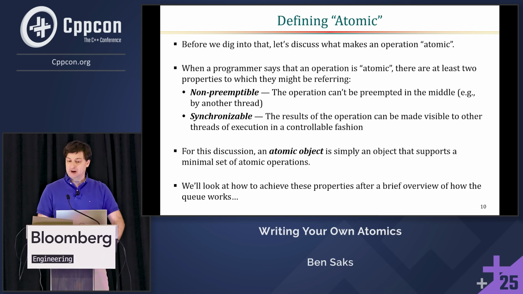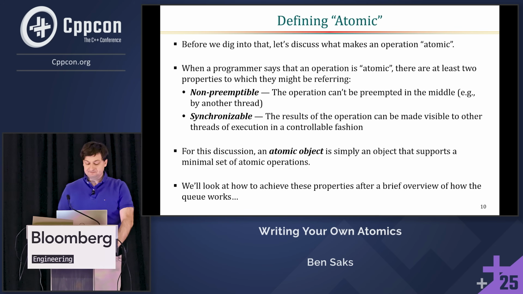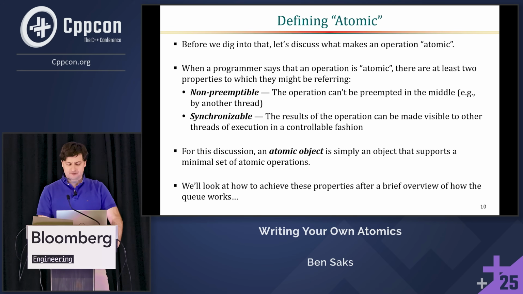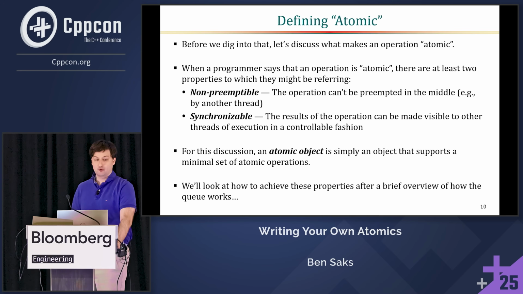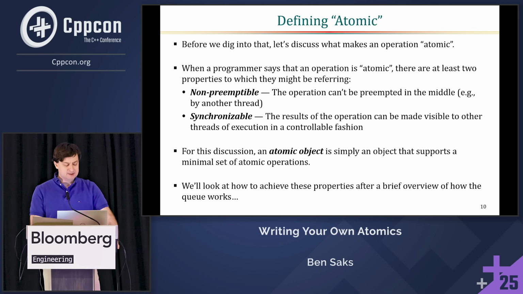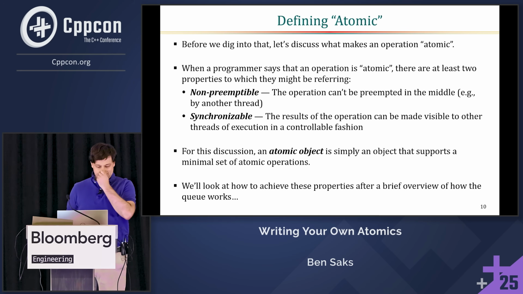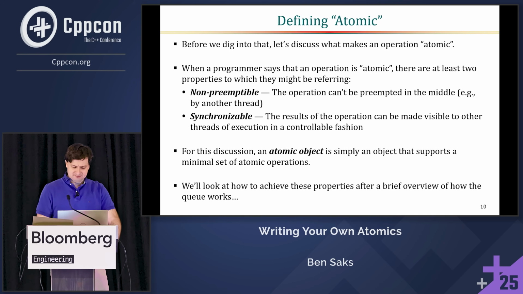that we're all on the same page about what it means for something to be atomic, what properties my atomic type needed to have. And in particular, there are two that I think people are often referring to when they say that an operation is atomic. They might be referring to the fact that an operation is non-preemptible, that it can't be interrupted in the middle by another thread or another context.